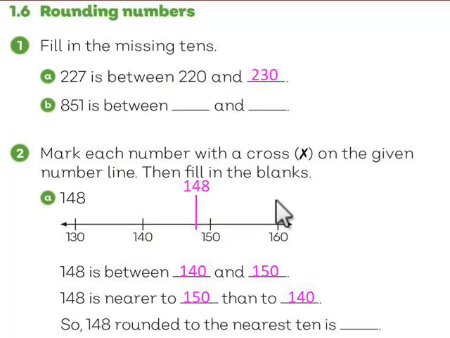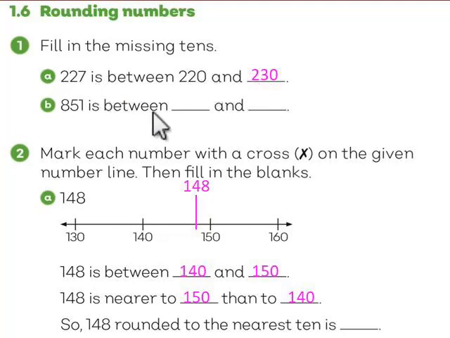Number 1, fill in the missing tens. 227 is between 220 and 230. If we make a number line from 220 to 230, 227 is between 220 and 230. Very good. How about 851?